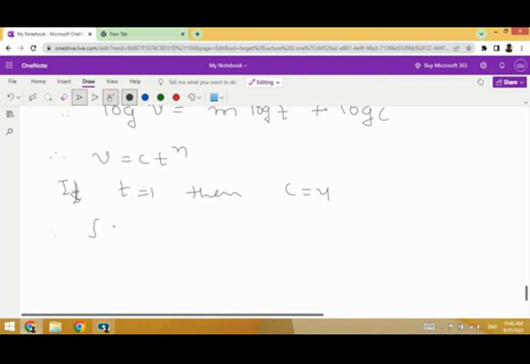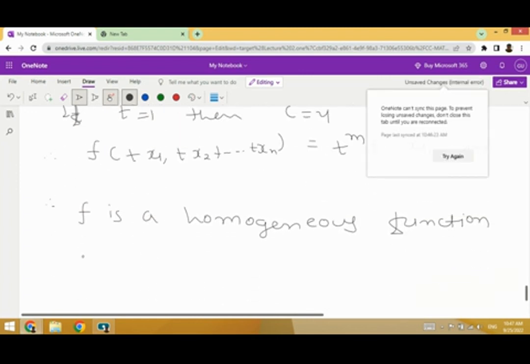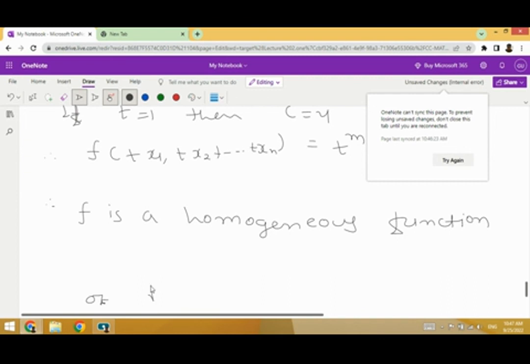Therefore f of tx1 tx2 up to txn is equal to t raised to m f of x1 up to xn. Therefore f is a homogeneous function of degree m.